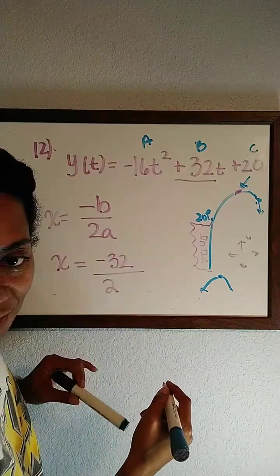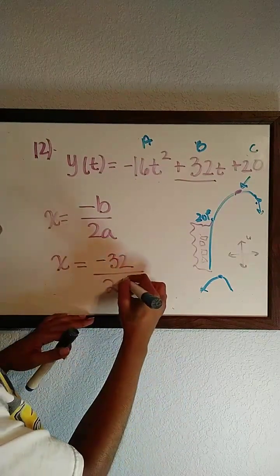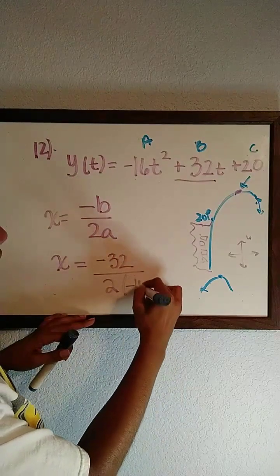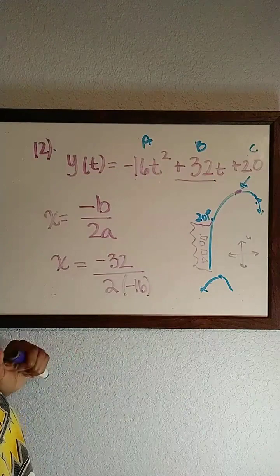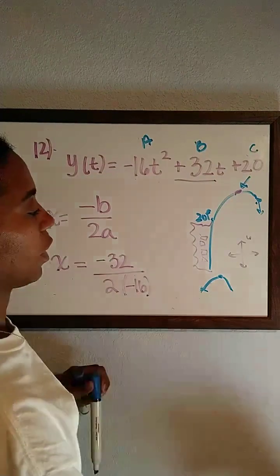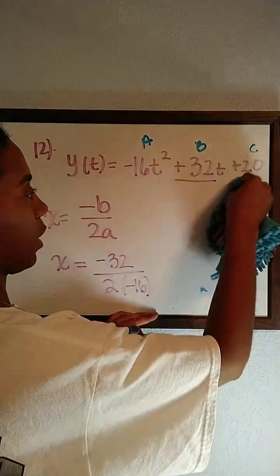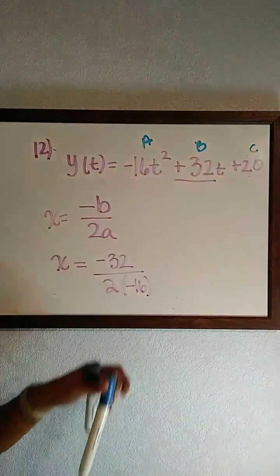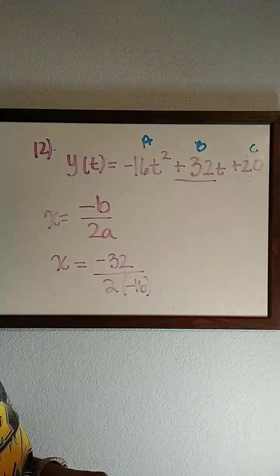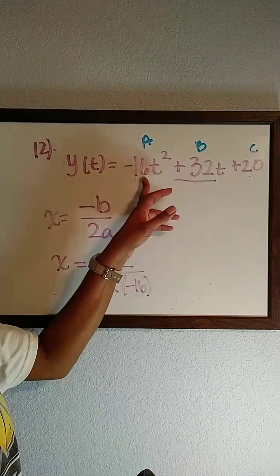Do you know that? 16, yes. So negative 16. But don't forget your negative, Melanin. Don't forget your negative, okay? Oh, so you don't write the t to the second power? Nah, we just want the numbers. Just the numbers. Because the number is the A.